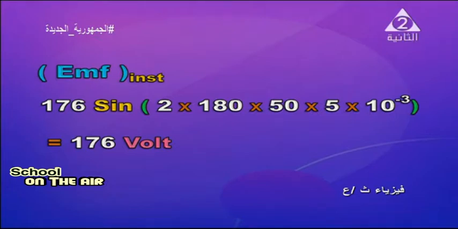It means the coil is placed in the horizontal position, where the magnetic field lines are parallel to the plane of the coil. How did you know? Because we've got the maximum EMF, which is 176.